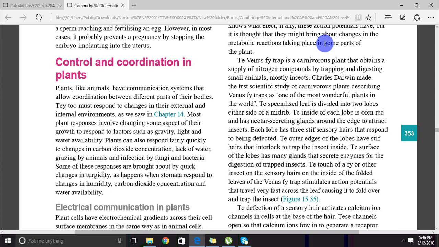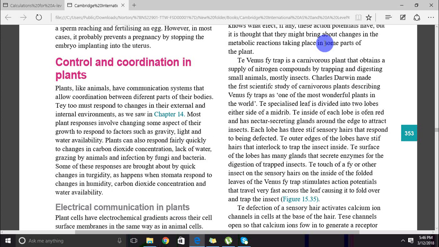But the differences are that depolarization is not achieved in the same manner as in mammals. What is depolarization? Depolarization is basically changes in the electrochemical gradient or differences in the distribution of electrical charge across a cell surface membrane, right?